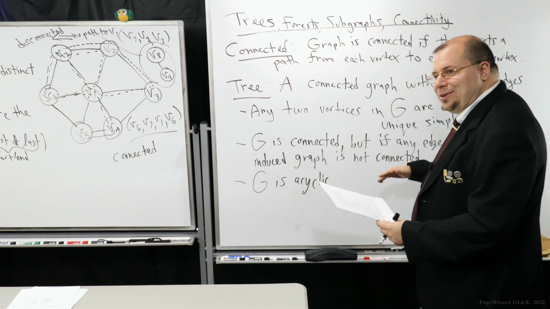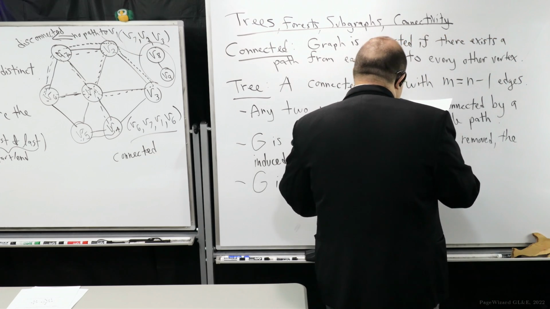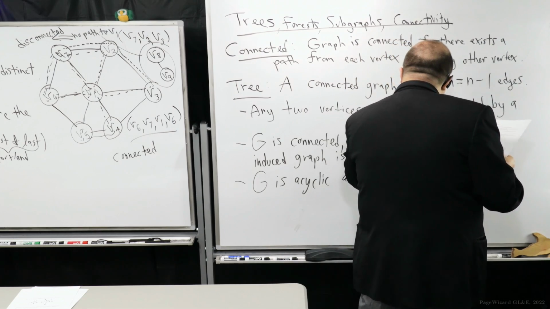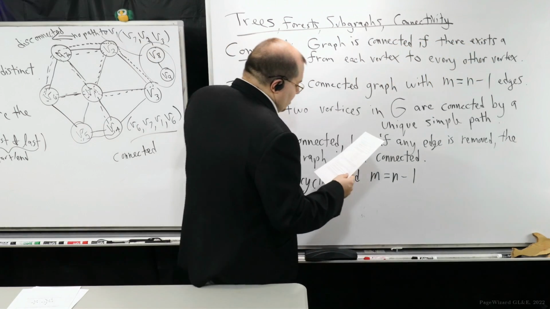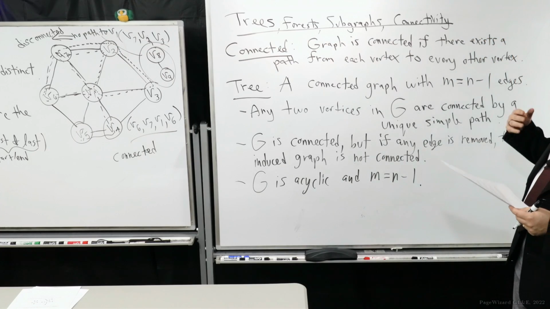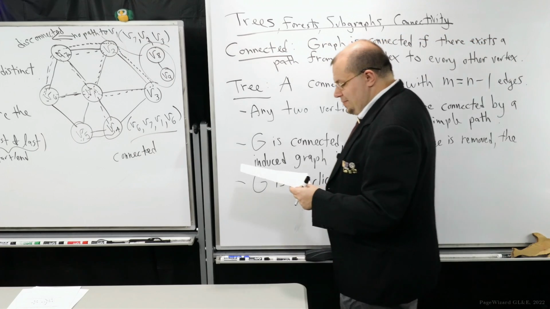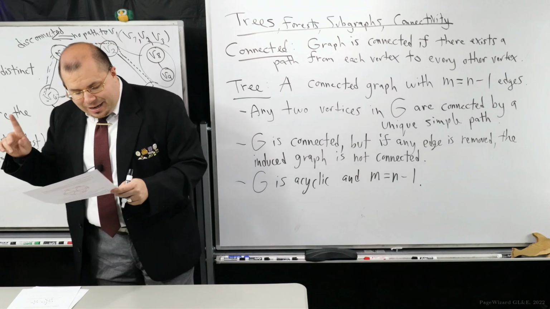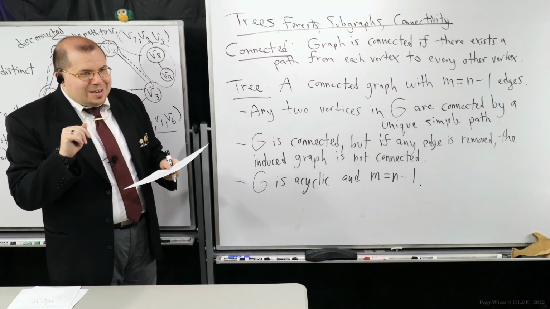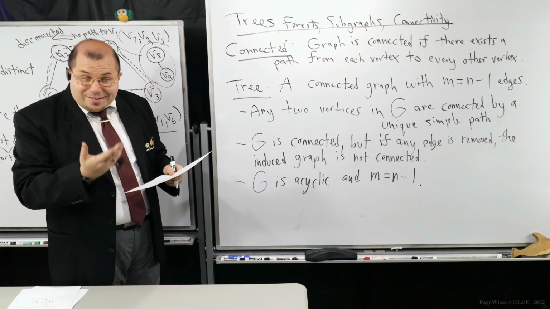So there are no cycles in this graph, and the number of edges is exactly equal to n minus 1. Now, keep in mind that there are some other things you can do with a tree. Note that for any tree, if you try adding an edge to it, then it actually creates a cycle.